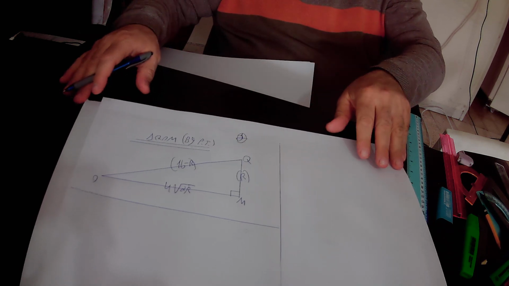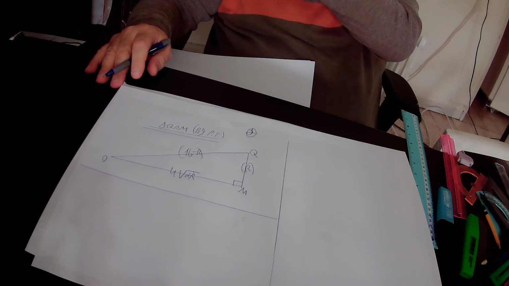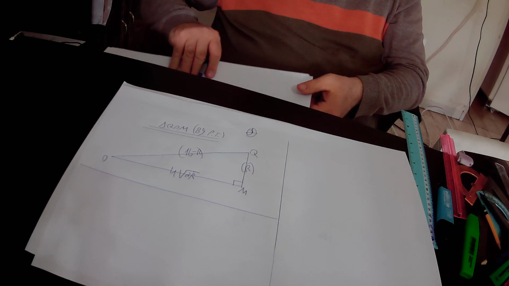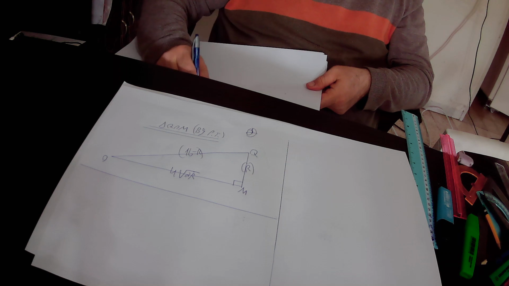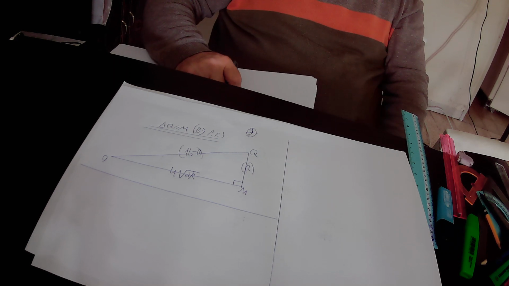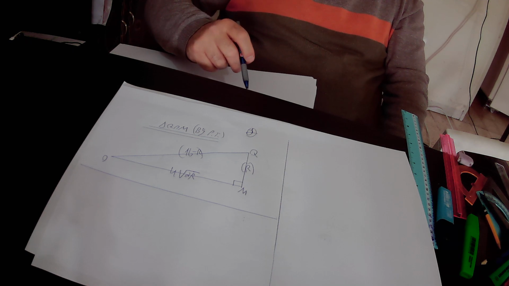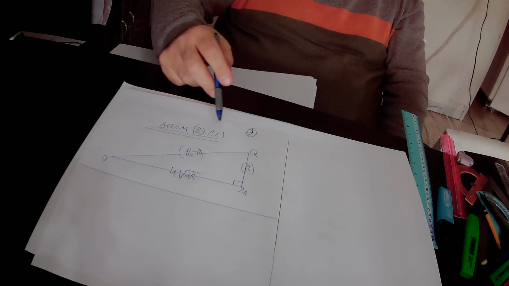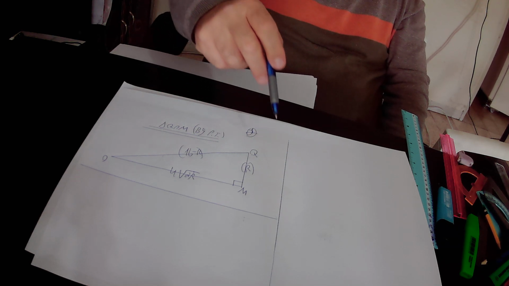Actually, this is the right blue triangle QOM that I copied from the original drawing. So according to the Pythagoras theorem, in this right triangle QOM, QO square, that is the square of the hypotenuse, must be equal to QM square plus MO square.